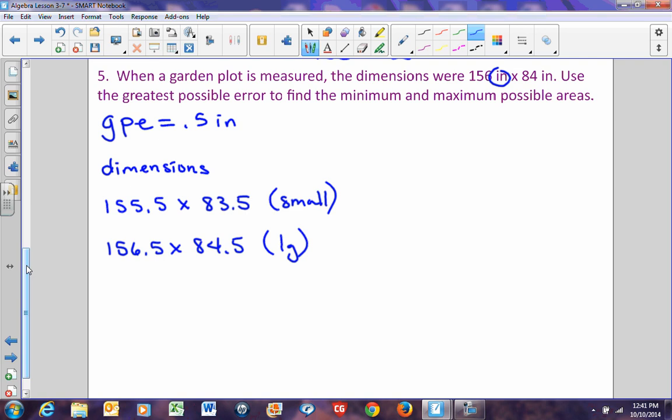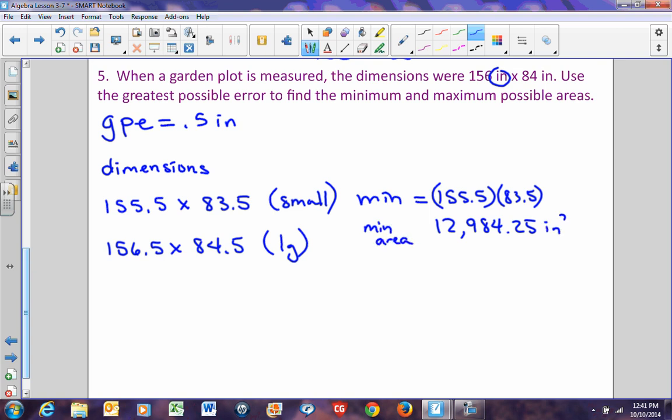So our minimum area, the smallest area we would have, is going to be 155.5 times 83.5. That gives us 12,984.25. That's our minimum area, and since it's an area, that's in square inches.